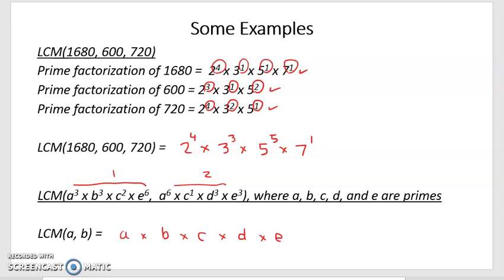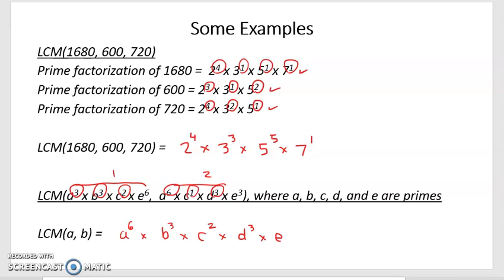Then identify the greatest exponent. For A, I've got A cubed and A to the 6th. So that's A to the 6th. For B, it's only in number 1, so it's B cubed. For C, I've got C squared and C to the 1st, so C squared. For D, it is D to the 3rd. It's only in number 2.